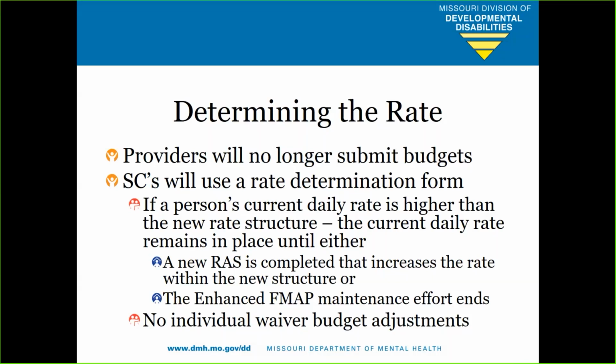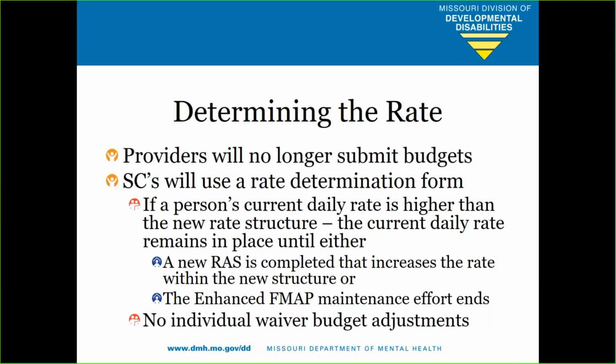This also means, because we have a standard rate determination form and it's either the higher existing rate now or the rate determination form, there will be no individual waiver budget adjustments. So it is what it is. It's either that daily rate or it's this rate determination form, and that is the totality of the authorization.